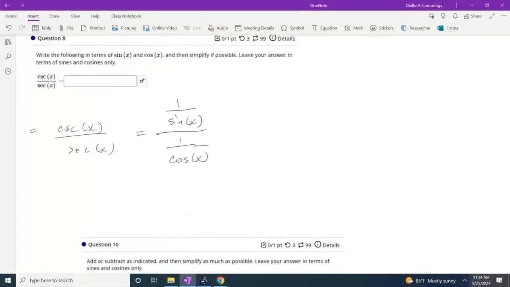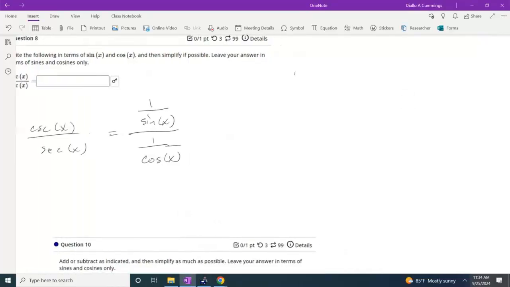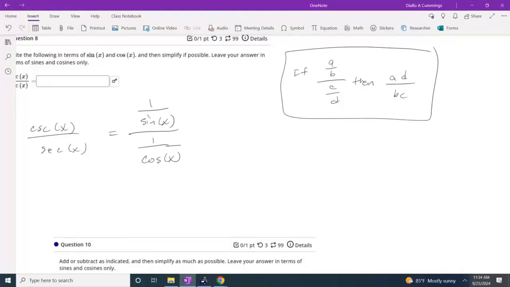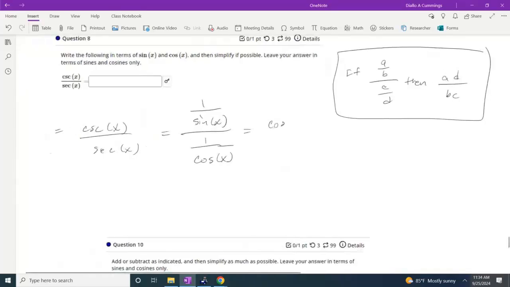So remember that formula that we were using in the last section? It says if you have a complex fraction, then you can multiply the very top and the very bottom, and then you can multiply the bottom of the top and the top of the bottom. So that means I can multiply the very top and the very bottom: 1 times cosine x is cosine x.